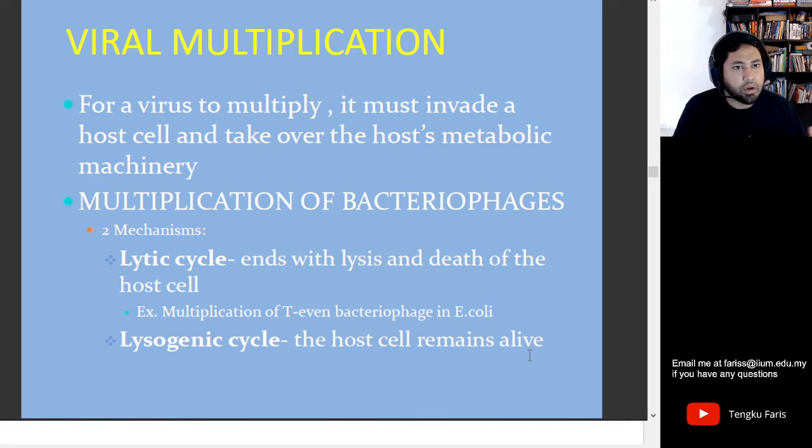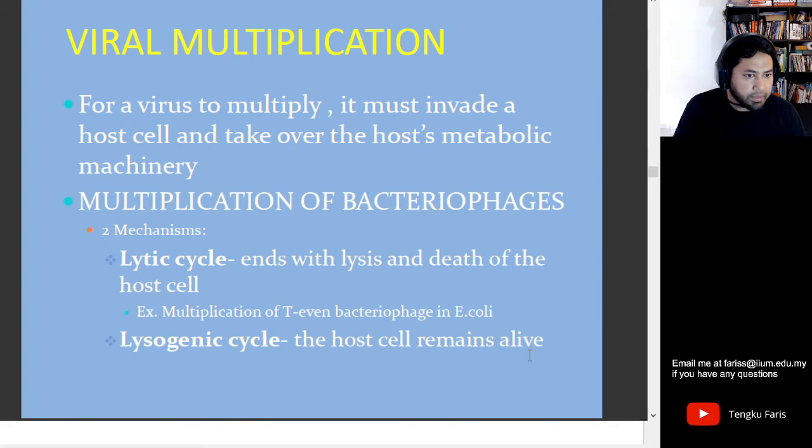Alright, so we're going to look at how this virus is replicated or multiplied inside the host system. Basically, we can categorize them into two mechanisms, the lytic cycle and the lysogenic cycle. The lytic cycle ends with lysis and the death of the host cells. This is fatal.